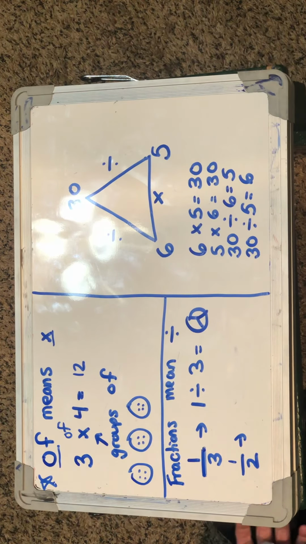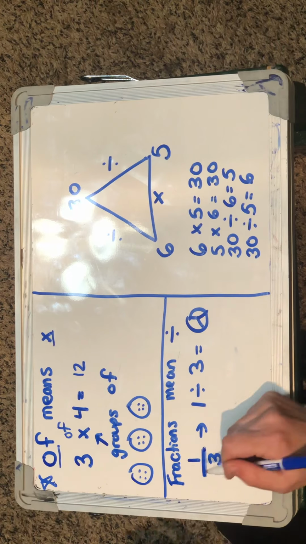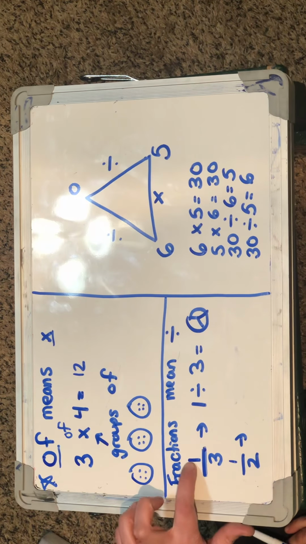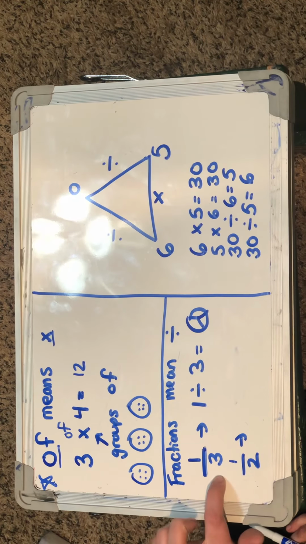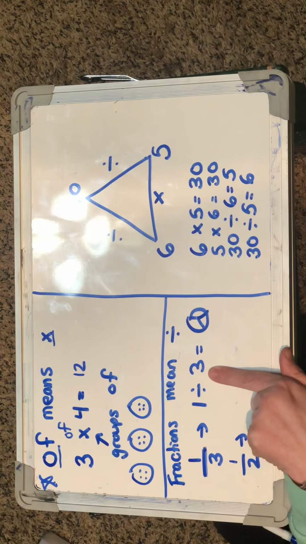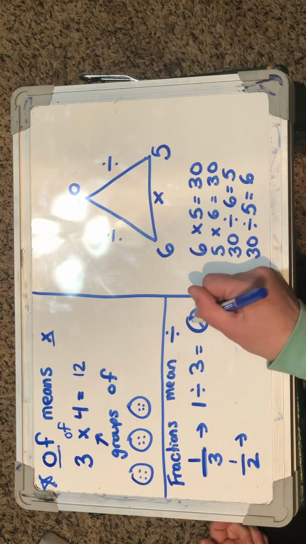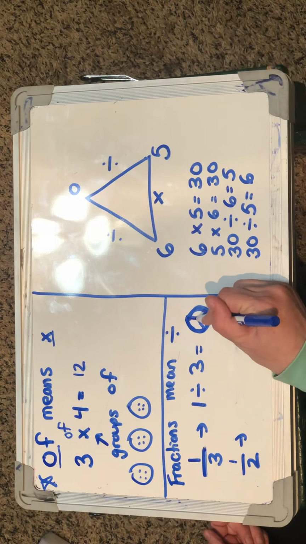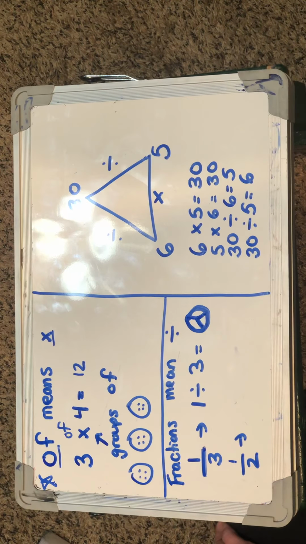And when you're dividing, you're breaking something into equal groups, okay? So 1/3, you could say, or you could say 1 divided by 3. 1/3 you can write like this, 1 divided by 3. And what that means is you have 1 whole, and you have divided it into 3 equal pieces.